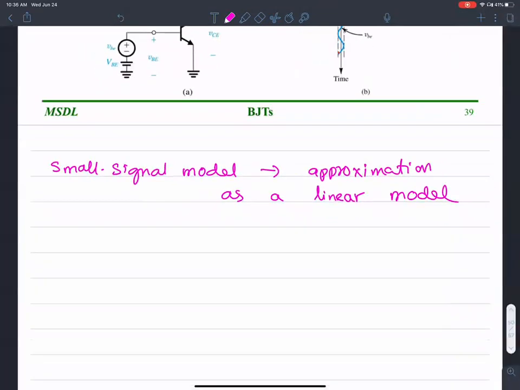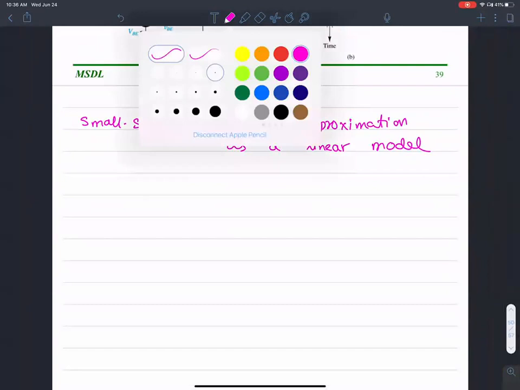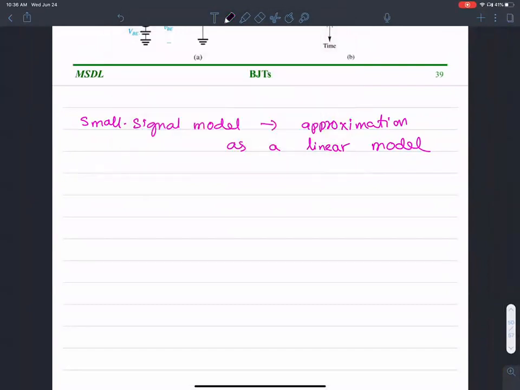Okay, so really, if you remember the idea of a MOSFET or anything that is not linear, this is non-linear behavior where x is the input and y is the output.